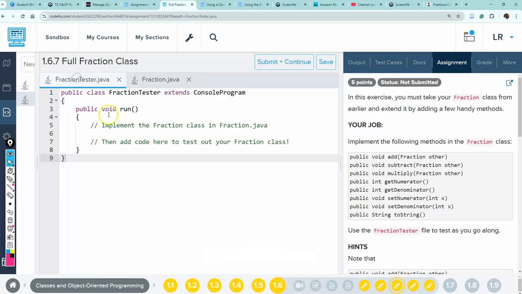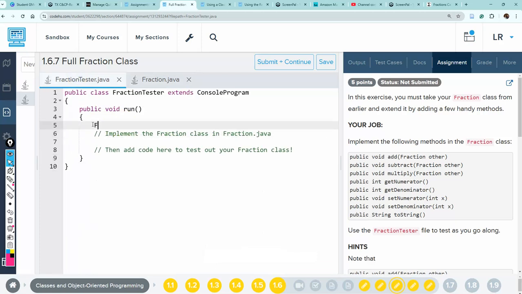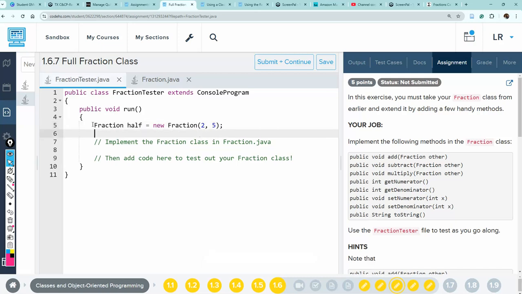And then in my tester class, we can do that same one that we've been doing, the 2 over 5. So Fraction half, I think I put half, is equal to new Fraction 2, comma 5, and then we have to print that out.